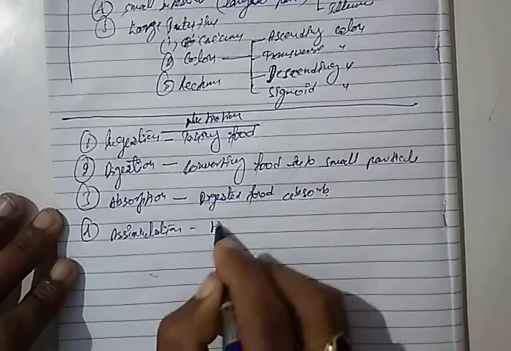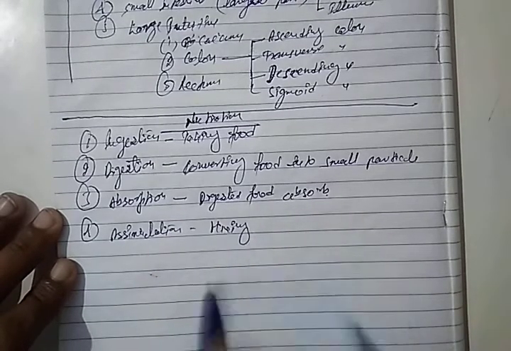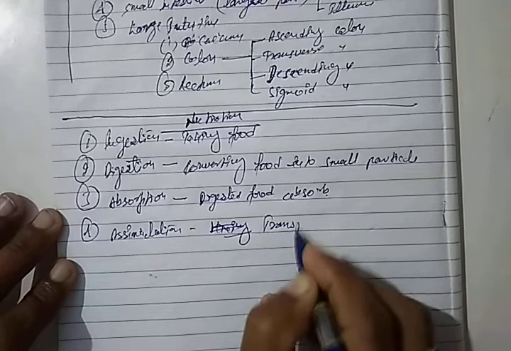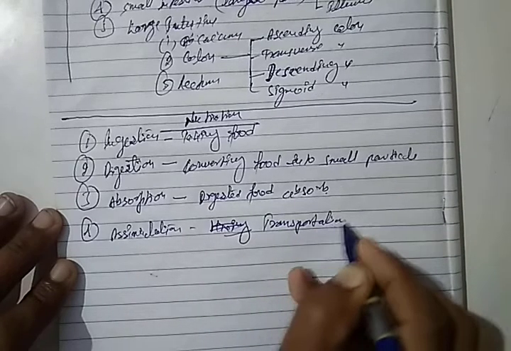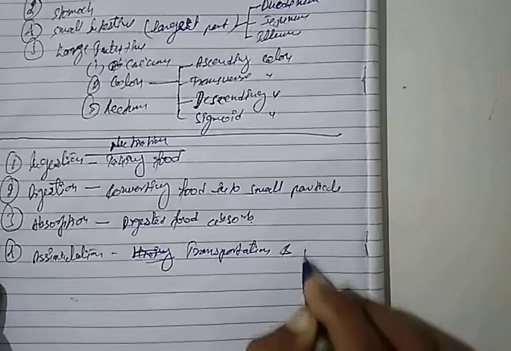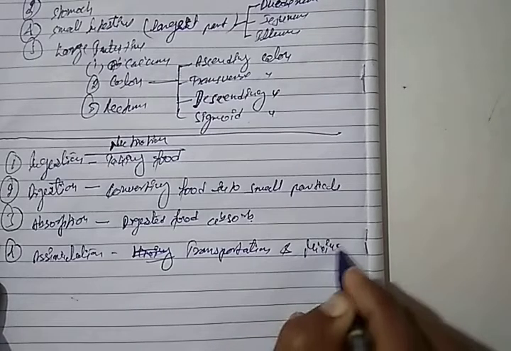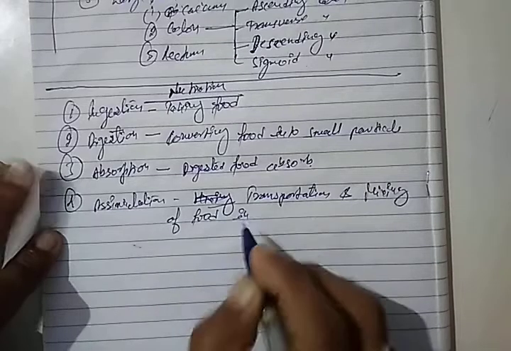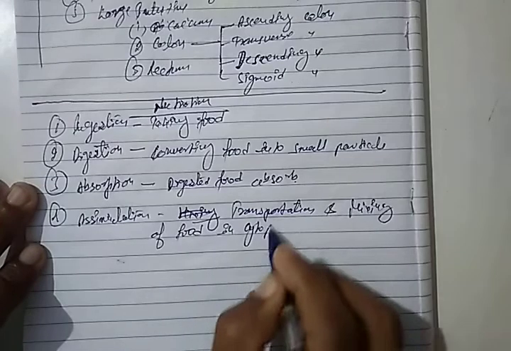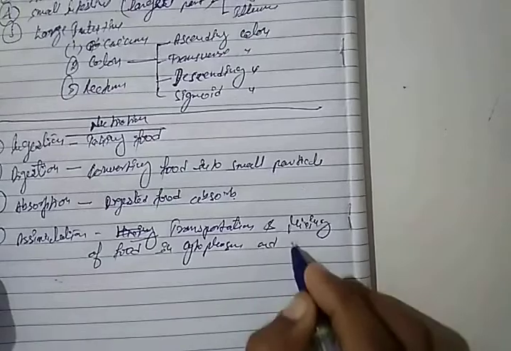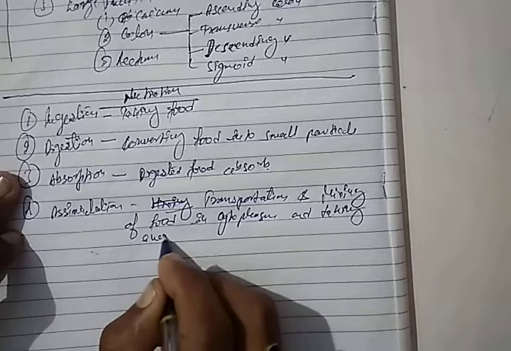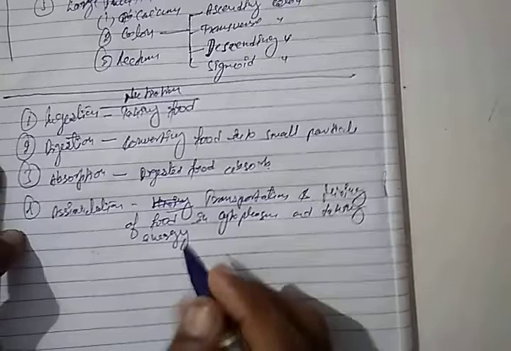Number 4, assimilation. It is the transportation and mixing of food in the cytoplasm and taking energy from the food.